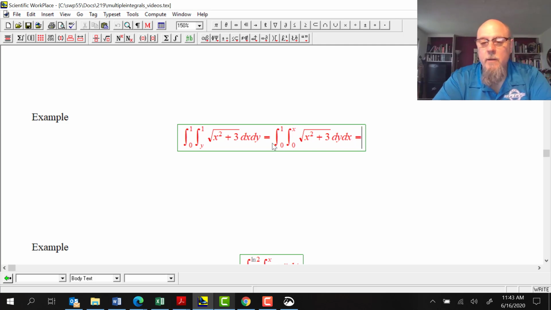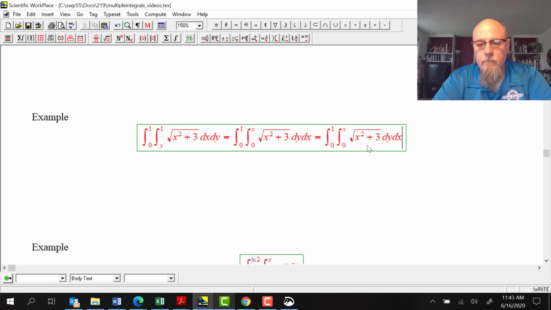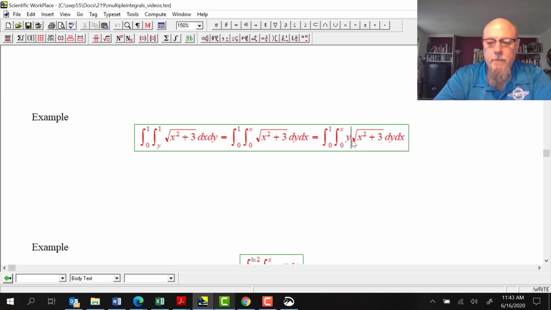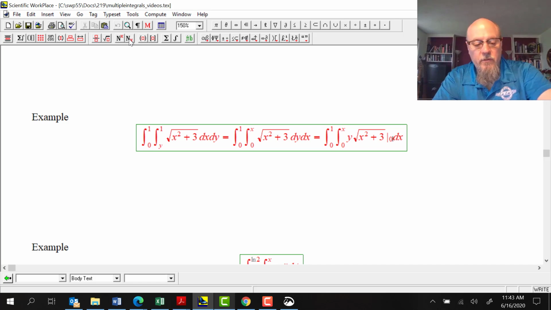All right, let's do our integration. That's just going to be y times that. And I still have to go from 0 to x.